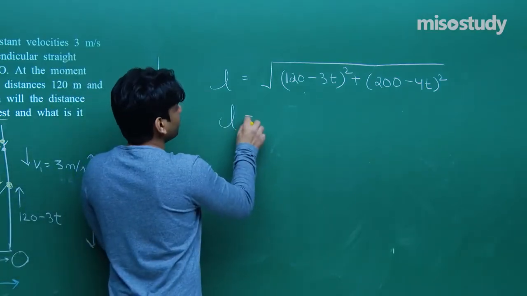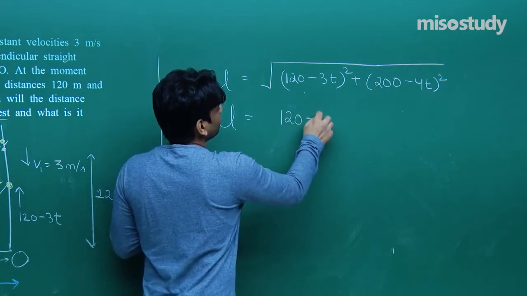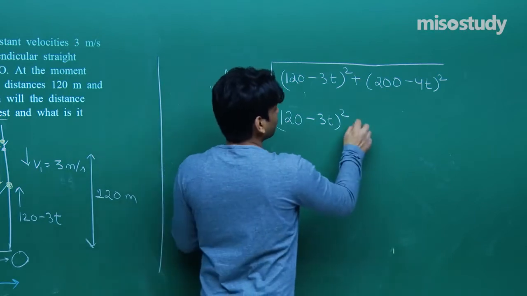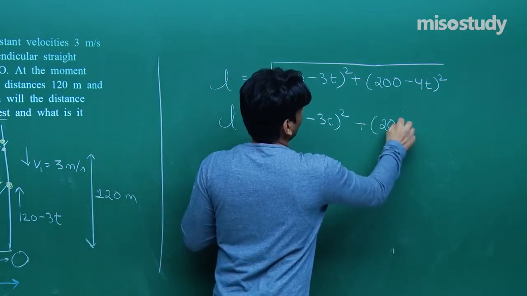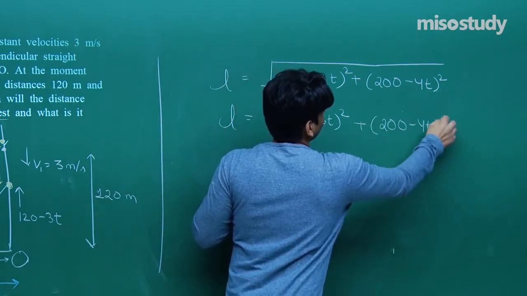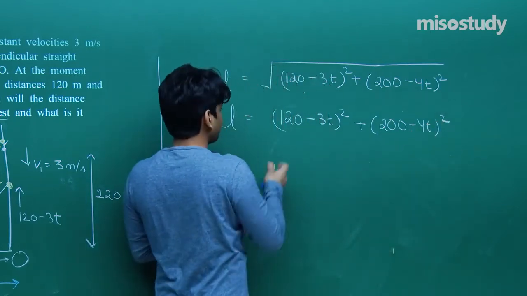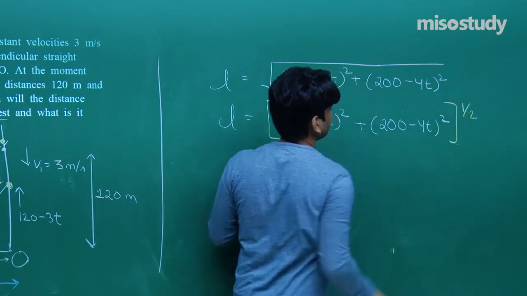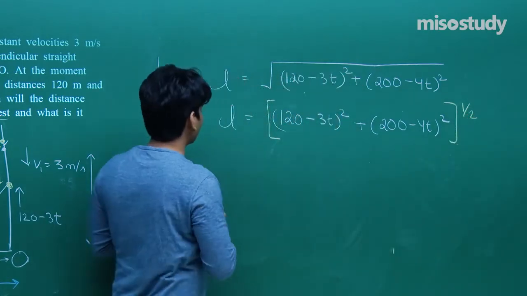L will be (120 minus 3t) whole square plus (200 minus 4t) whole square, and the entire thing is under root, so the power is 1 by 2. Now we can go ahead easily and differentiate this.